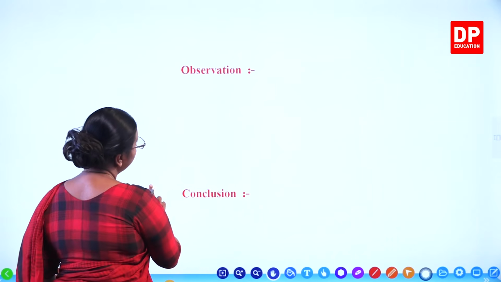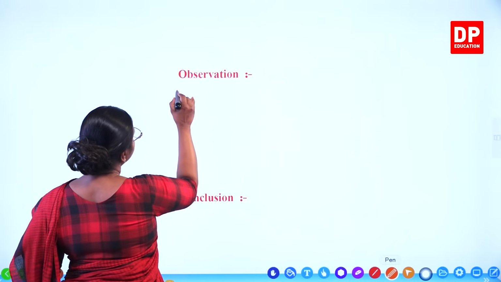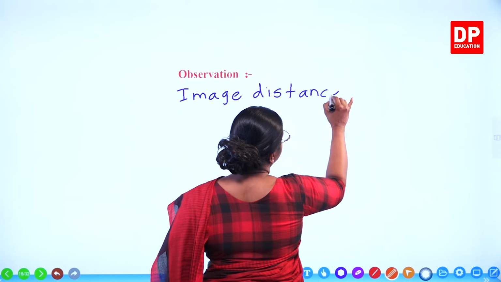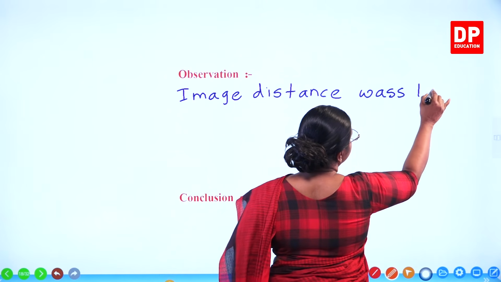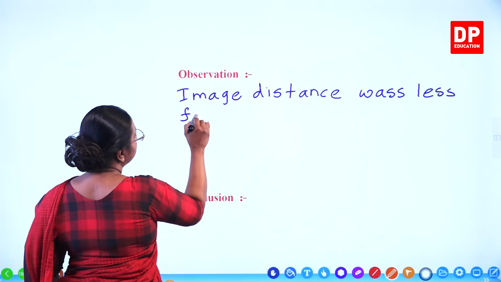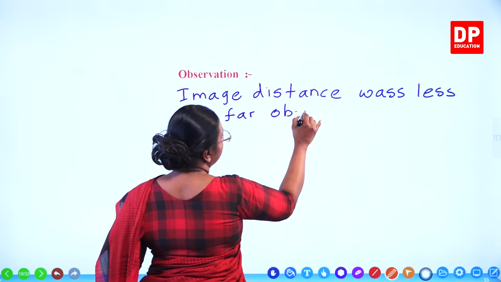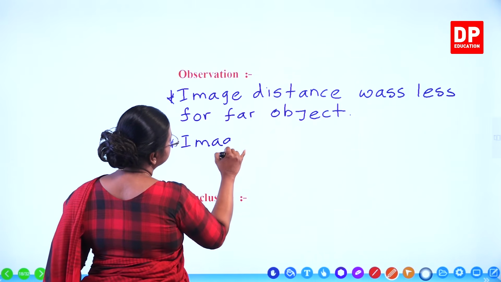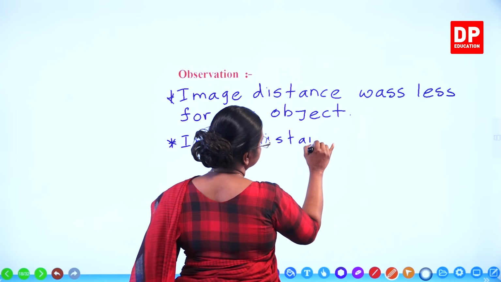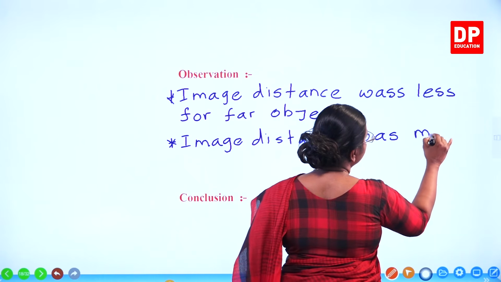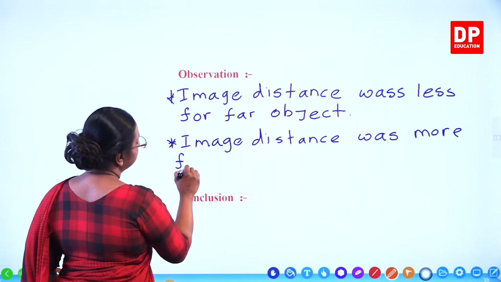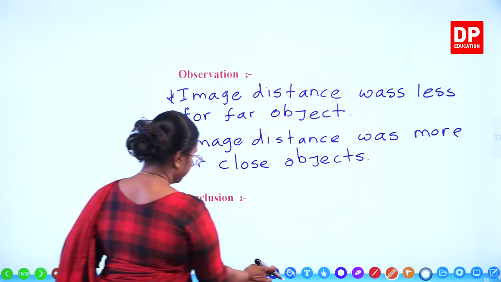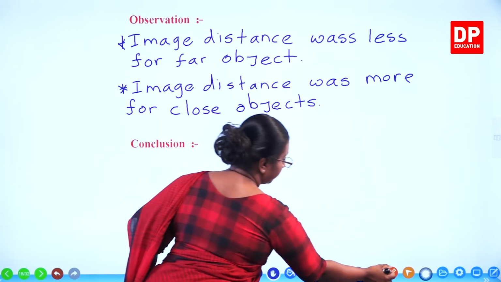If I write down the observations: image distance was less for far objects, and image distance was more for close objects. So from that, what can we conclude?